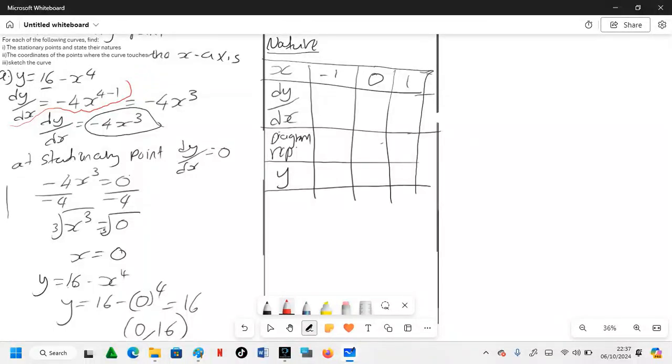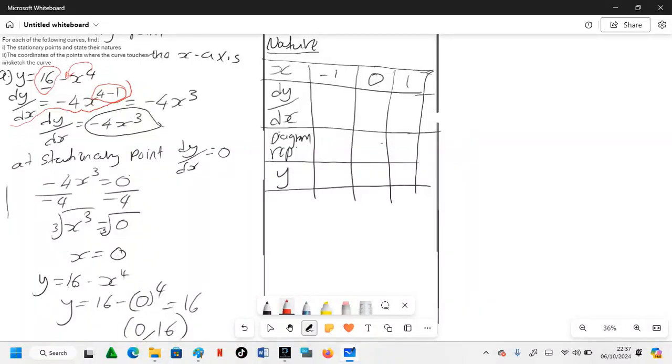And this should be common knowledge. We dropped the constant and then we brought this one down there, and then we subtracted the power by 1, as you can see here. If this is not very familiar, you can go back to the previous video where we did this.